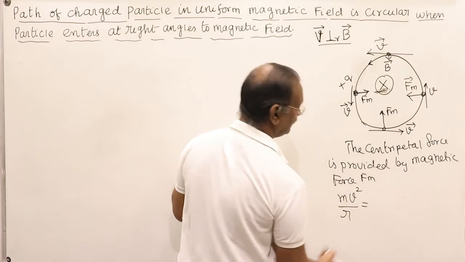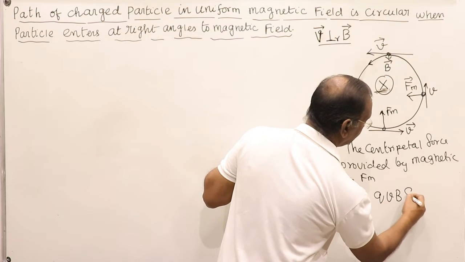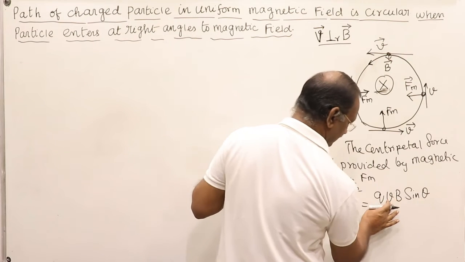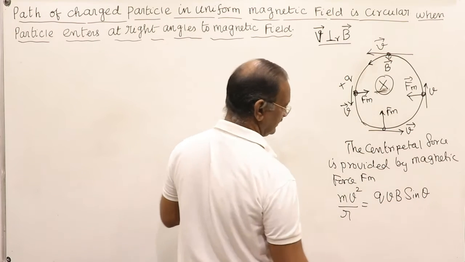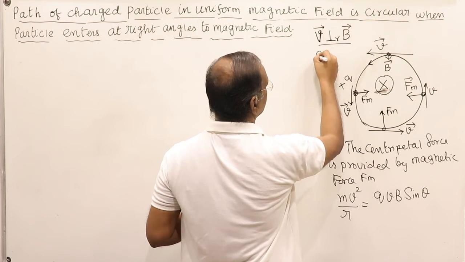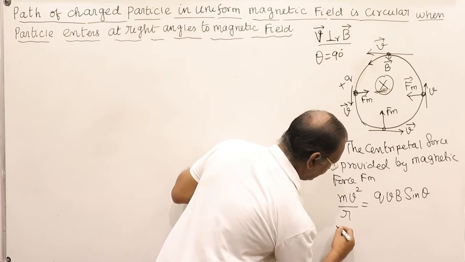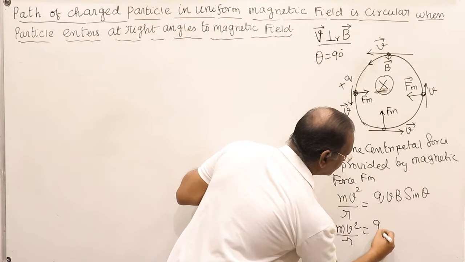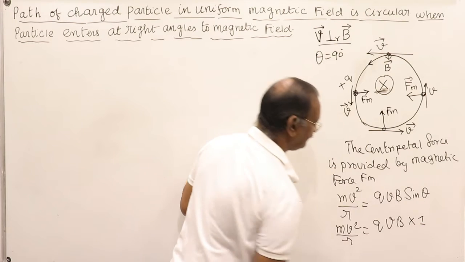This centripetal force is equal to q into v into B into sine theta. What is theta? Theta is the angle between velocity and magnetic field. Velocity and field are perpendicular, so theta is equal to 90 degrees, and sine 90 is 1. So mv square by r is equal to qvB.